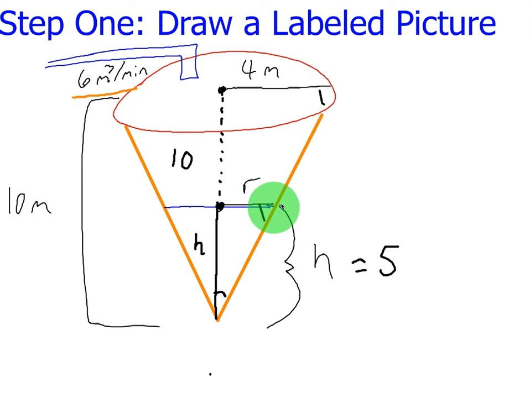Now, I want you to think about this problem conceptually for a second. And again, this is why we draw pictures. When the water first pours in, the rate at which this level is rising is going to be much faster than up here because the radius is smaller down here, right? The top radius is 4, but down here at the bottom, it's going to be just a few centimeters, right? At the very tip. So naturally, the water is going to fill up quicker, or the height of the water, as it goes at the bottom.